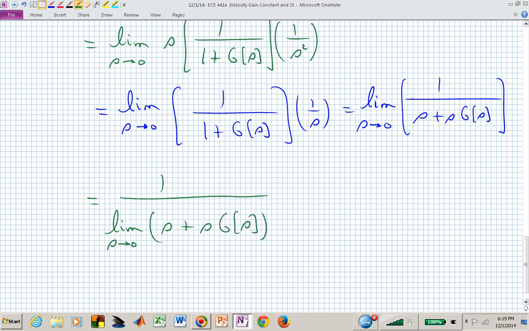This is now two terms. The first piece of that denominator, s, as s goes to 0, simply vanishes.